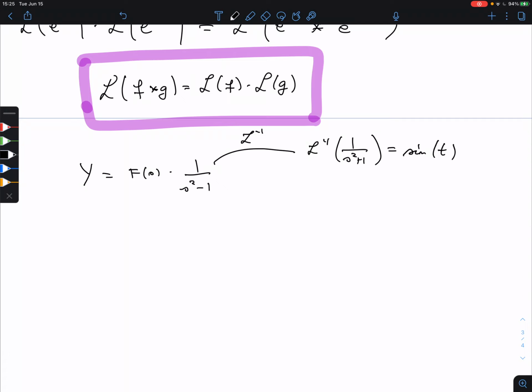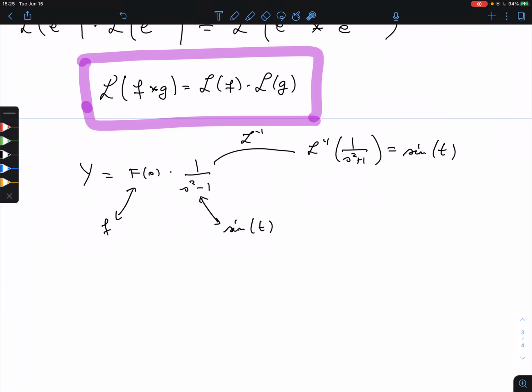Okay, so what does this tell me? Let me recapitulate. This comes from this original function f that I had, which I didn't specify. This is the Laplace transform of sine t. And now we have a product: the Laplace of f times the Laplace of g, sine t, and we multiply them.